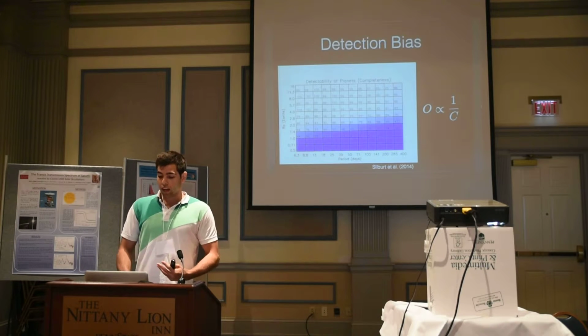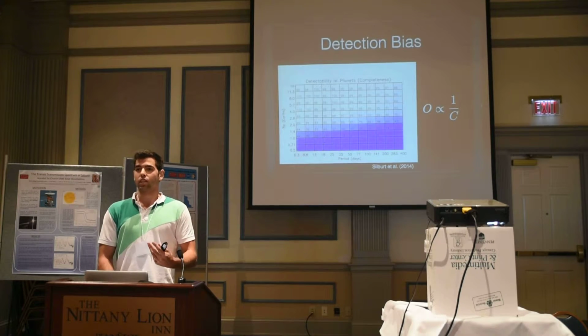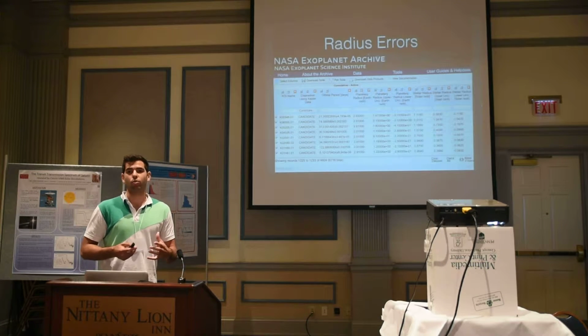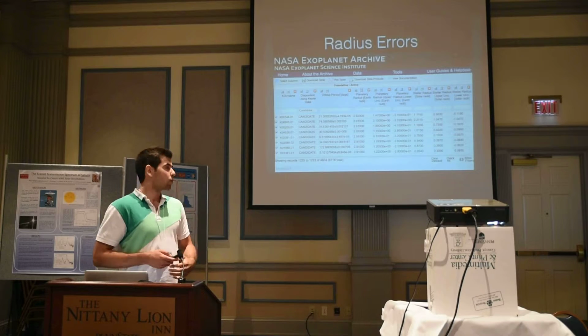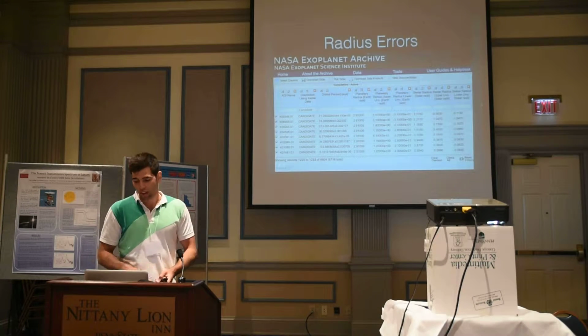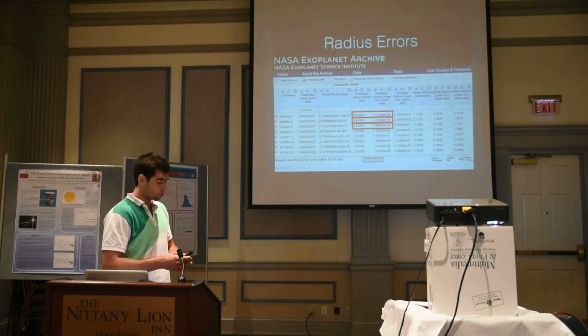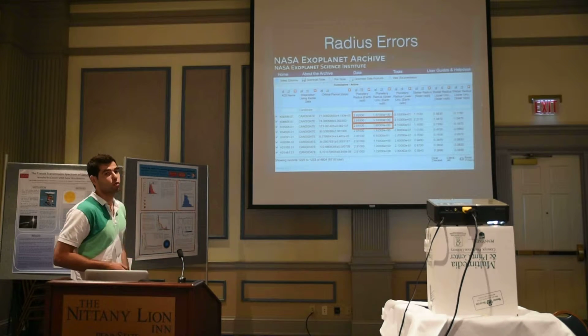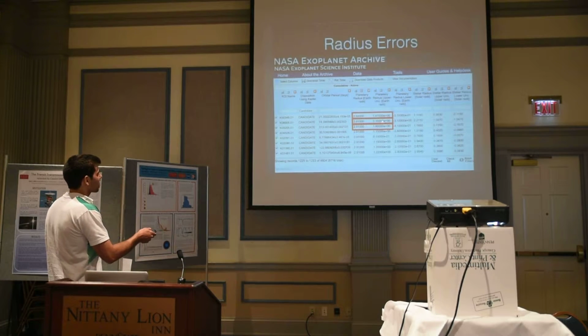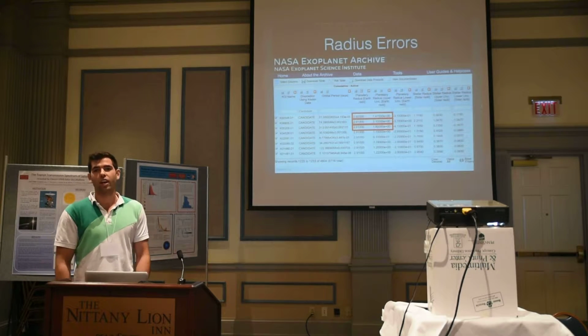Coupled with this fact that completeness is a strong function of radius, the Kepler sample is very, very rife with errors. I just scrolled to a random spot in the NASA Exoplanet Archive, and in this random spot there were 3 planets whose error bars are over 50% of the actual quoted value. In one case, the error bar is actually larger than the actual value itself.